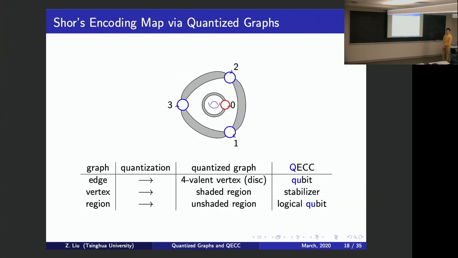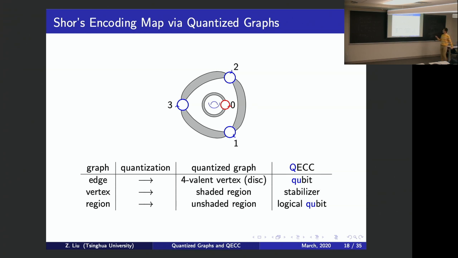Now, let's see, how do we understand Shor's code in another way? The diagram outside is a quantized graph. 3 disks with 3 ribbons. That's the quantized graph. Now we add this genus in the middle, and we add this ribbon in the middle with the input disk.